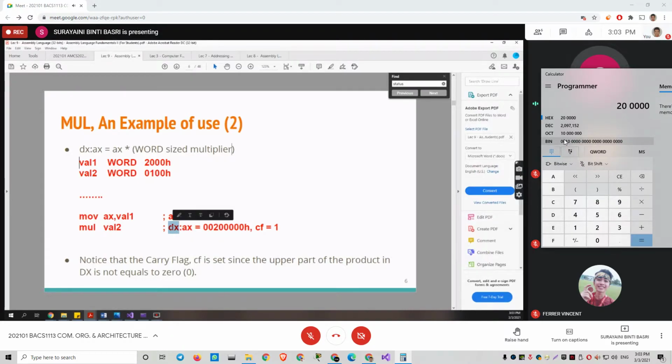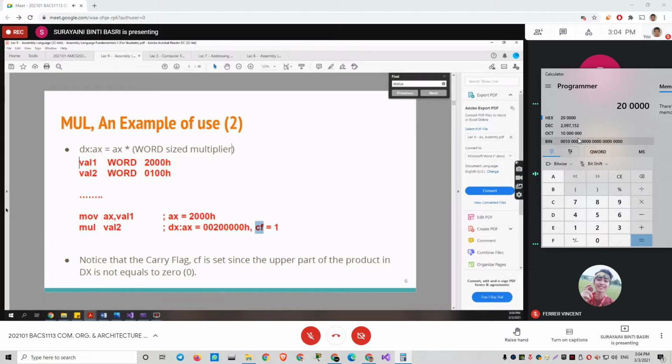When DX is having a value, it means that the carry flag will carry one value, meaning you have one carry. It doesn't matter how much the value inside DX is; as long as DX is occupied by the result of the multiplication, it means you have one carry flag. Okay, so that is the rule. Until here, understand?